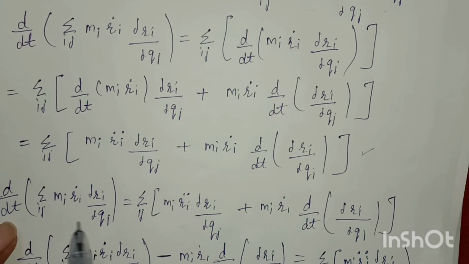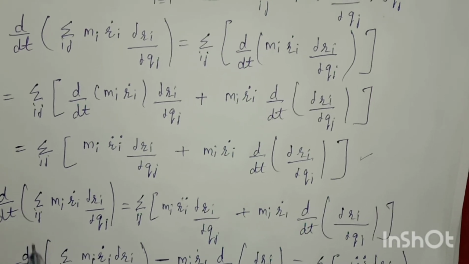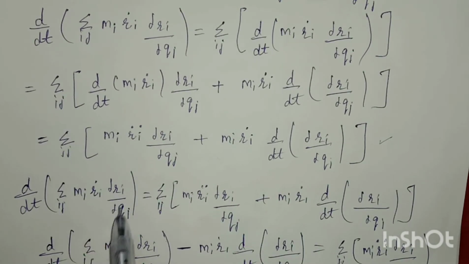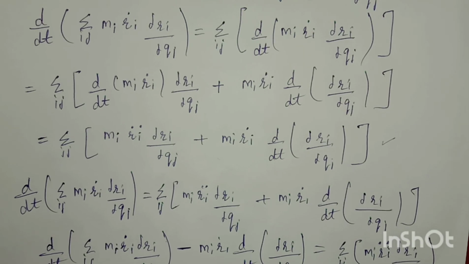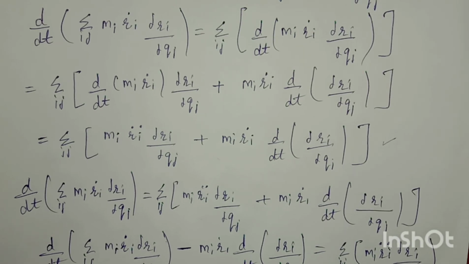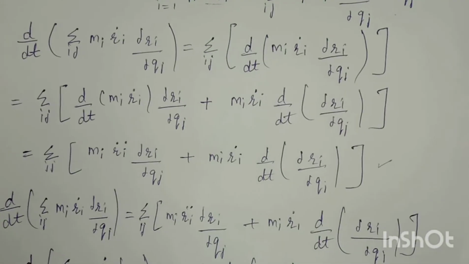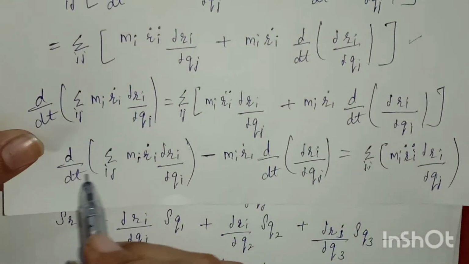Applying that, we get d/dt of summation over i, j of m_i r_i dot ∂r_i/∂q_j, minus m_i r_i d/dt of ∂r_i/∂q_j, is equal to this whole equation. So in place of this equation we can write this complete equation.